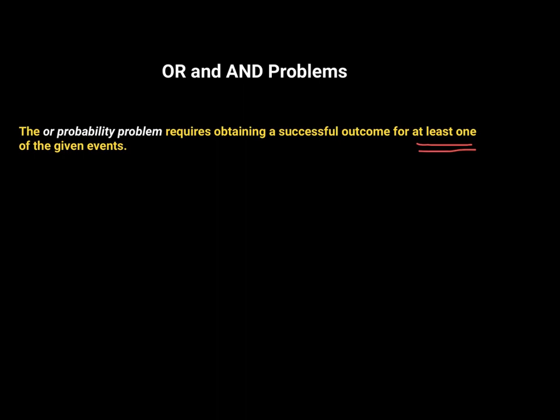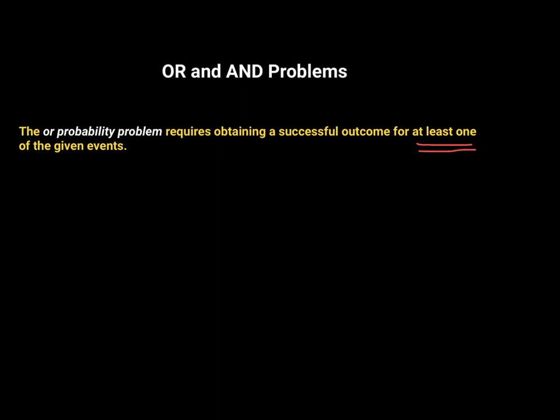So if we rolled a 6, that actually satisfies both criteria, right? 6 is both even and bigger than 4. Rolling a 5, I know it's not even, but it's bigger than 4. So that's considered a successful event. We're looking at OR problems in this lesson.